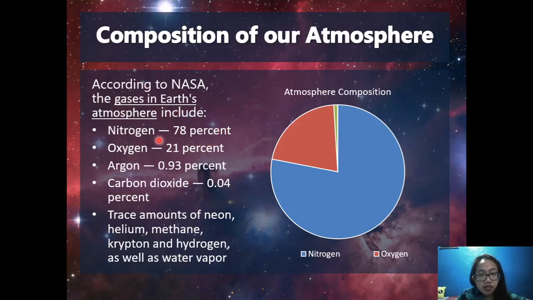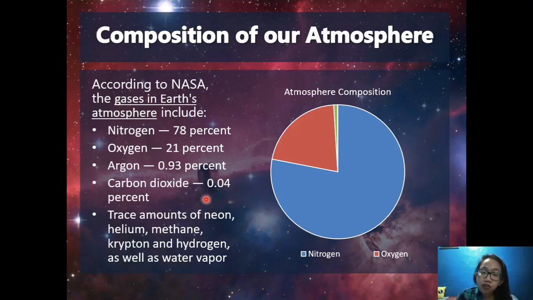According to NASA, nitrogen is 78%, oxygen is 21%, argon 0.93%, and carbon dioxide is 0.04%. I know in comparison to the rest of the gases present on Earth that carbon dioxide seems so small.